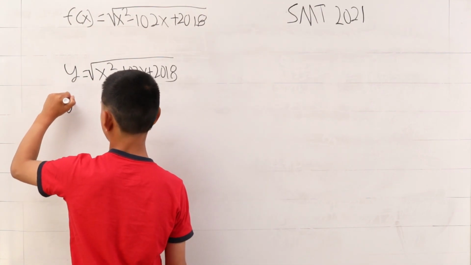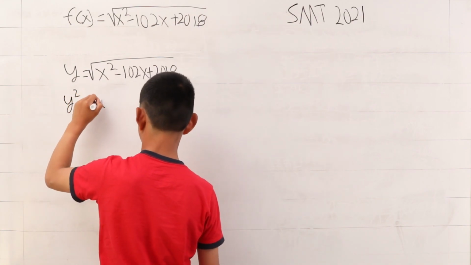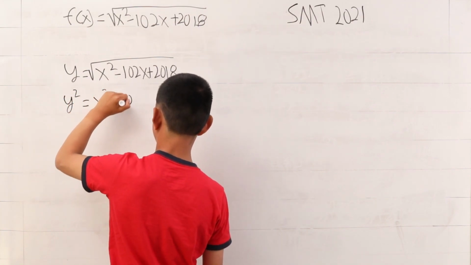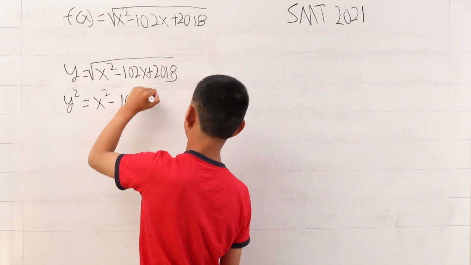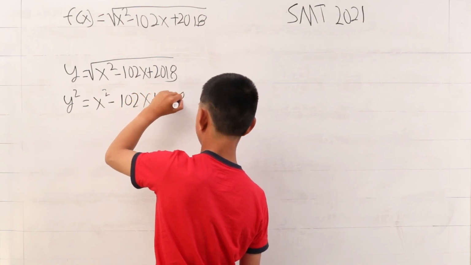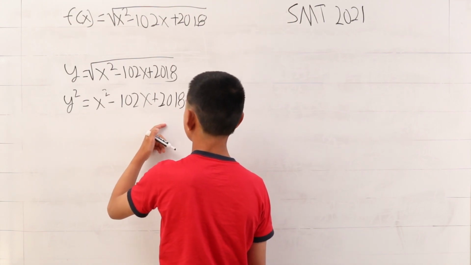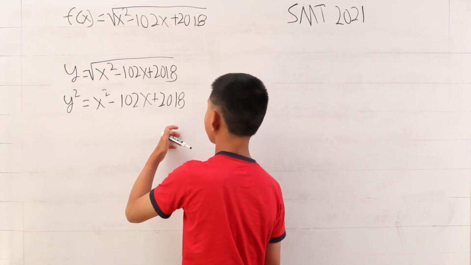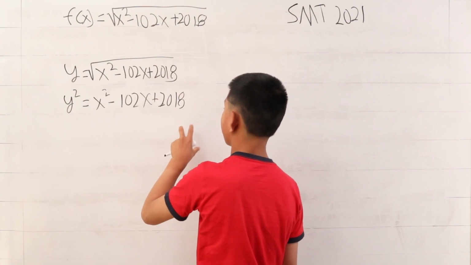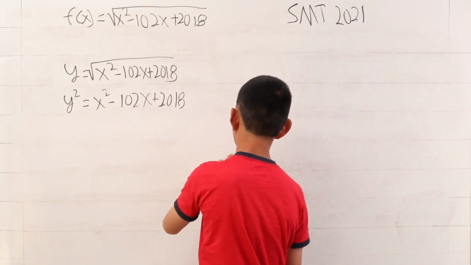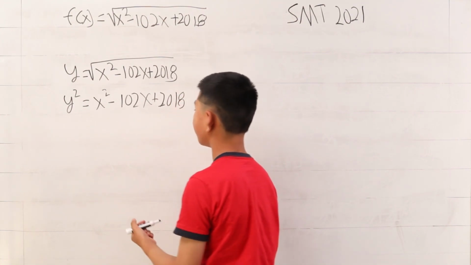So y squared is equal to x squared minus 102x plus 2018. Basically, what the question is asking is that there are two input values that satisfy this equation. We want to find those two input values.